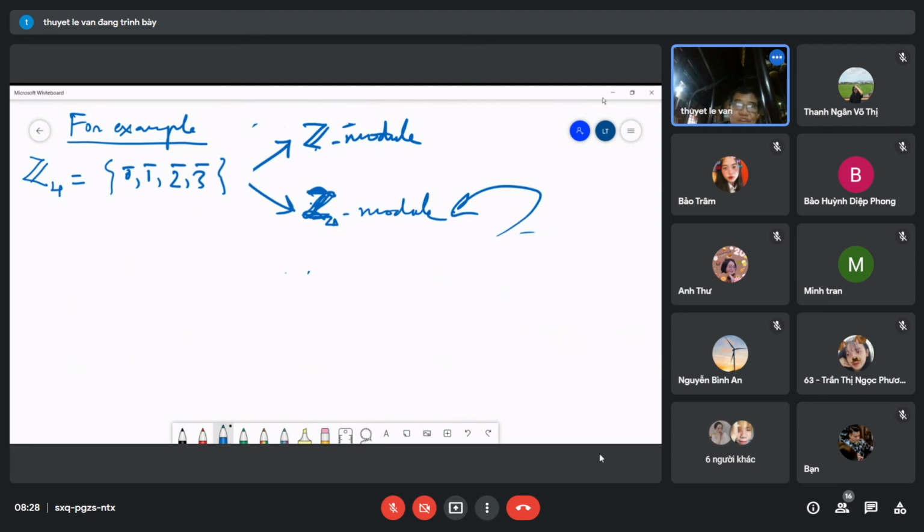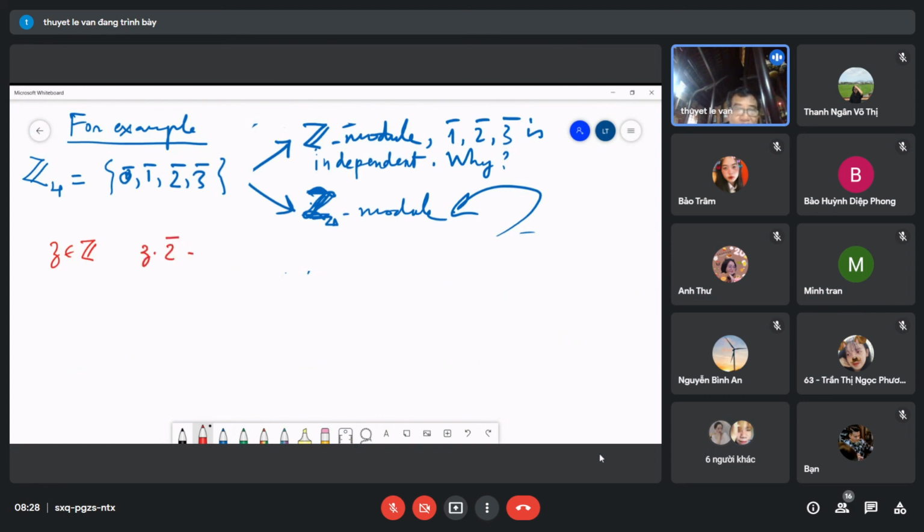For example, in this case, 1, 2, 3 is independent. Why? Because you can take a z in Z and multiply with, for example, 10, 2, and it equals 0.